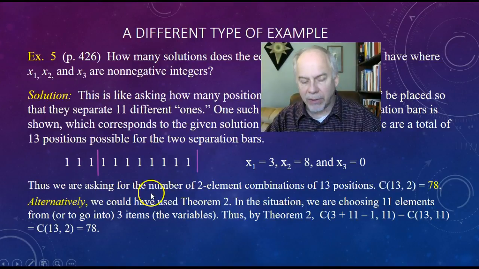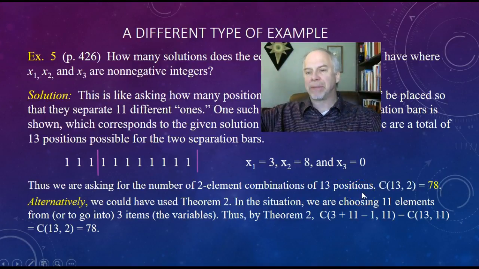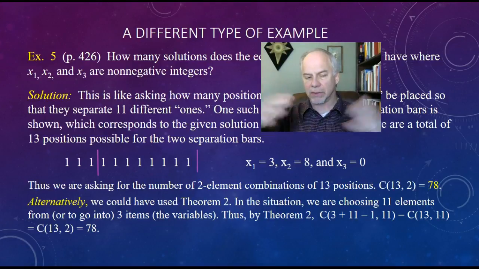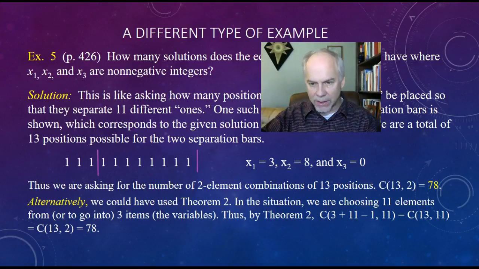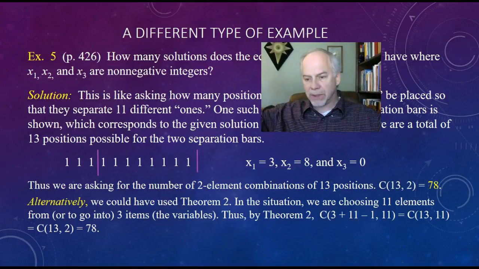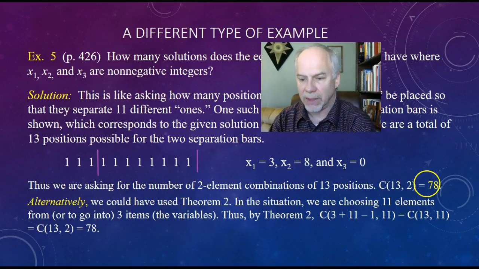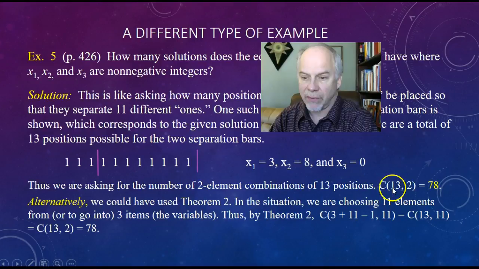So it really has reduced this problem into where would you place 2 bars. So thus, we are asking for the number of 2-element combinations of 13 positions. In other words, out of 13 positions, because there's 11 ones, and then we have 2 more positions of where we'd place those bars. So out of 13 positions, where would we place the 2 bars in that situation? And so this is out of 13, we're choosing 2. And so using the formula, you get 78.